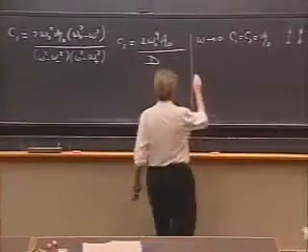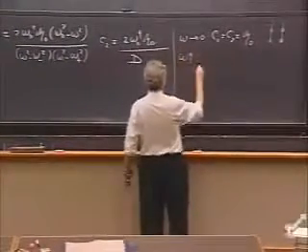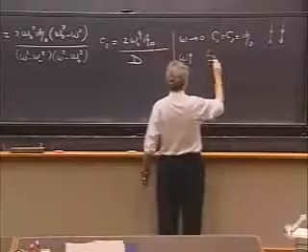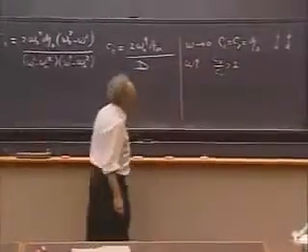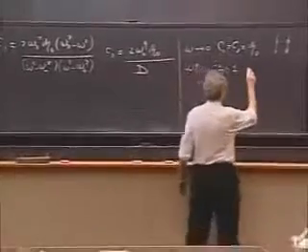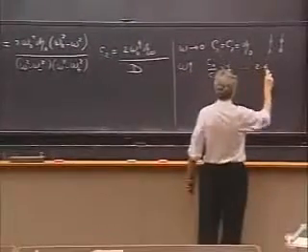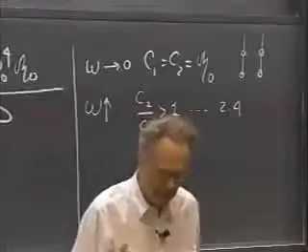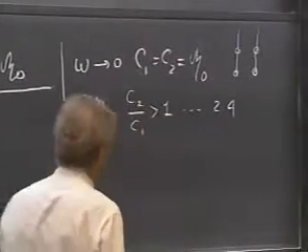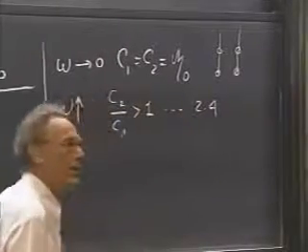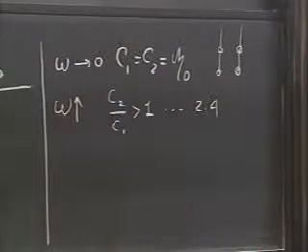So as omega goes up, you're going to see that C2 over C1 is going to be larger than 1. Right there, it is 1. And then ultimately, it will reach that 2.4, but that is that extreme case of resonance.